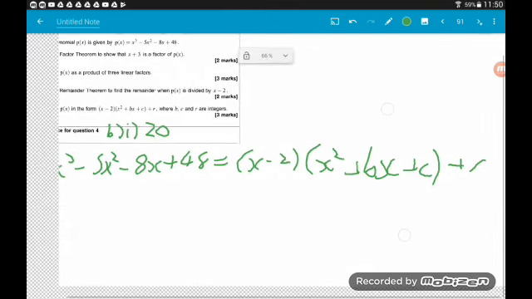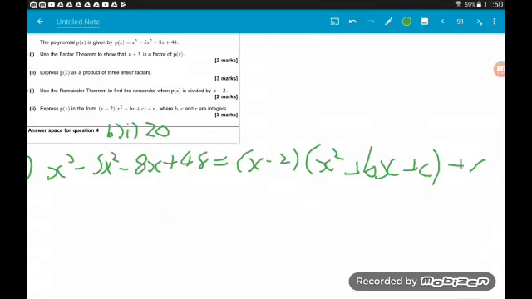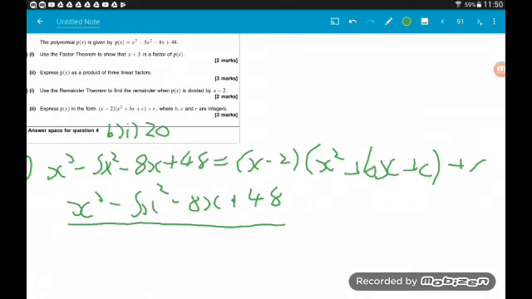Now, if we're thinking about this in terms of algebraic division, we would divide through by x minus 2. So, if we did that, we would have x cubed minus 5x squared minus 8x plus 48 over x minus 2.